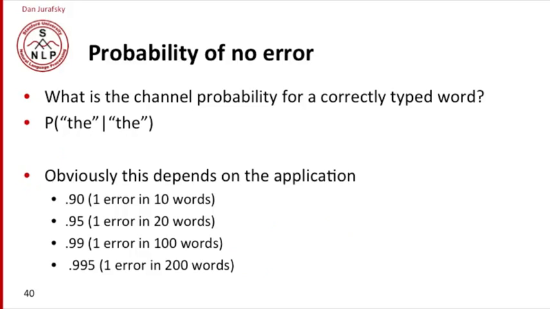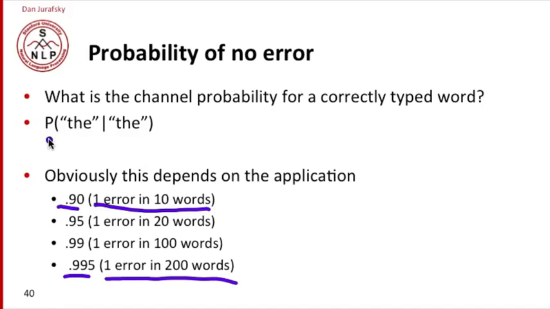How do we compute this probability of no error? What's the channel probability for a correctly typed word? This obviously depends on the application. So we might make the assumption that in a particular application, one word in 10 is typed wrong, and that means that the probability of a correctly typed word is 0.9. Or we might instead assume that one word in 200 is wrong, and so now the probability of any word being typed correctly is 0.995.